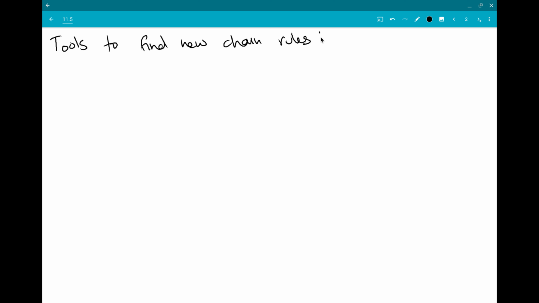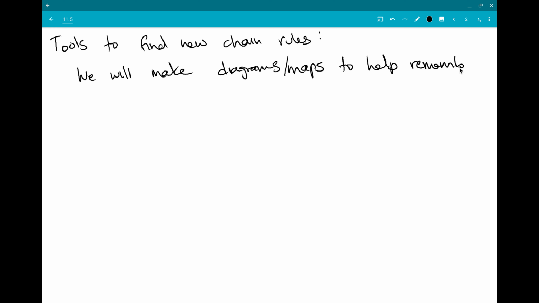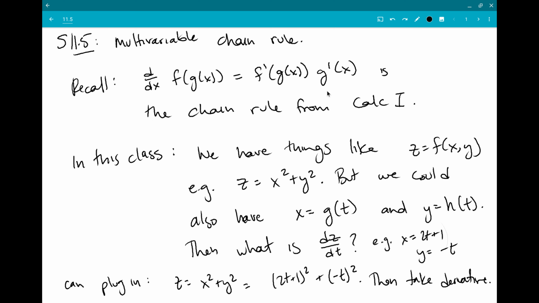And what we're going to need are some graphical tools that help us find new chain rules. Graphical is even kind of the wrong word because you might think we're doing graphs. Really, they're sort of diagrams. The reason we're going to do this is because you may have noticed at this point in all the calculus we've been doing, it's really hard to keep track of all these dependencies that we introduce, all these different functions. z depends on x and y, x depends on t, and so on and so forth.